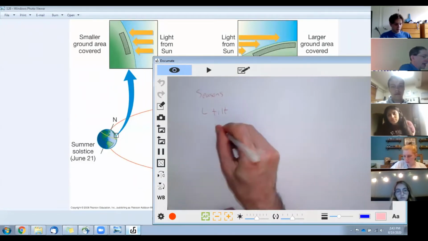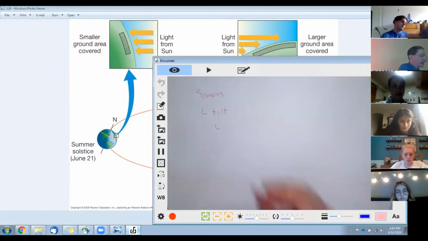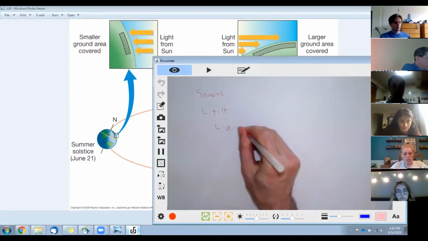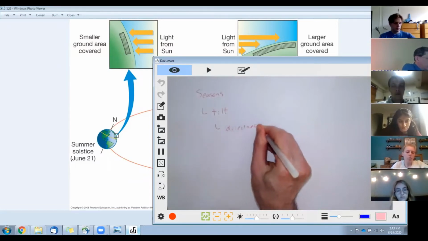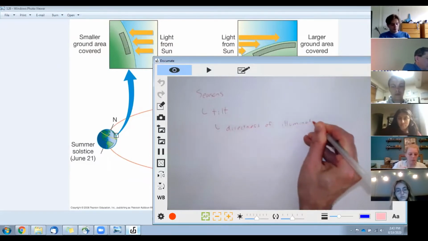And so let's write them out. I kind of started talking about the first one a little quickly at the very end of class, but let's write out both of these effects and what they depend on and explore them a little bit more thoroughly. The first one is the directness of the illumination.